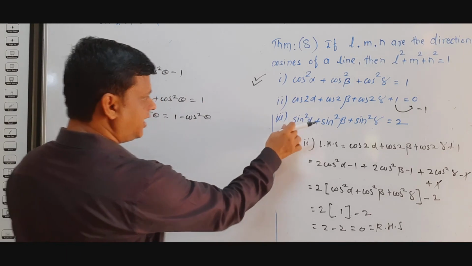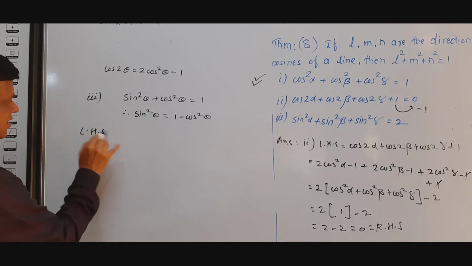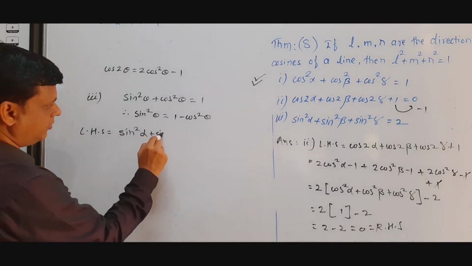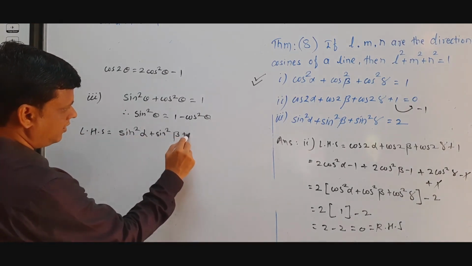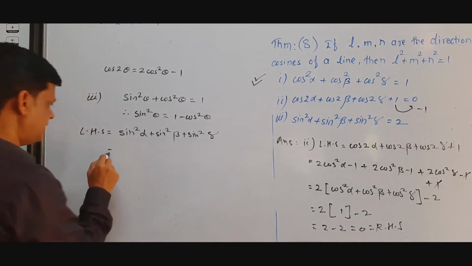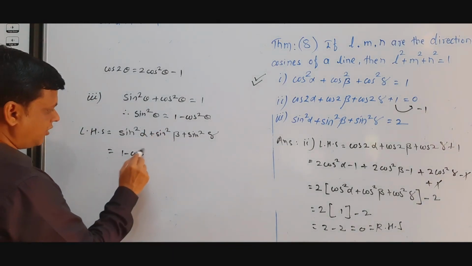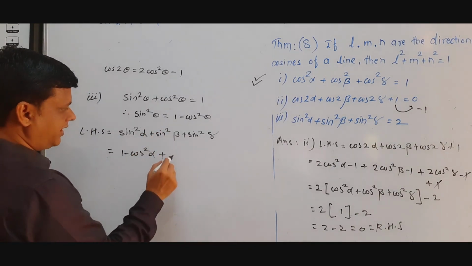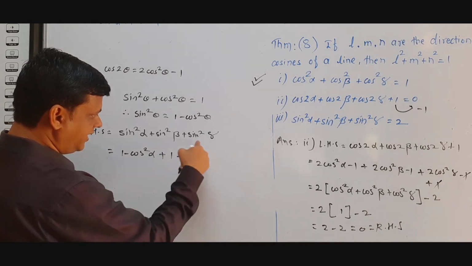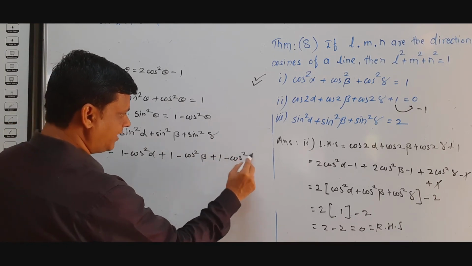So consider the LHS of the third question. LHS is equal to sin square alpha plus sin square beta plus sin square gamma. Now sin square alpha can be replaced by 1 minus cos square alpha. Sin square beta can be replaced by 1 minus cos square beta, and this sin square gamma can be replaced by 1 minus cos square gamma.